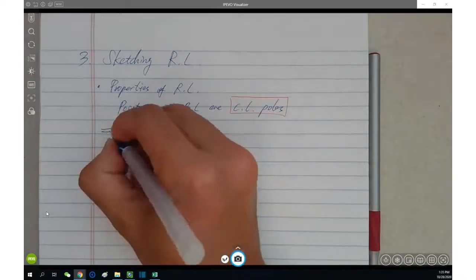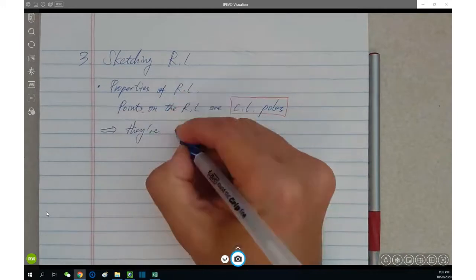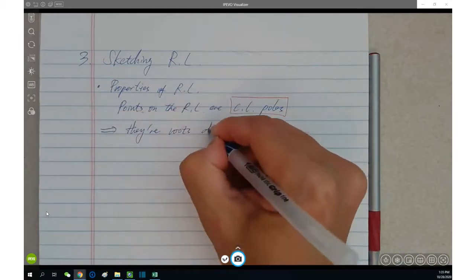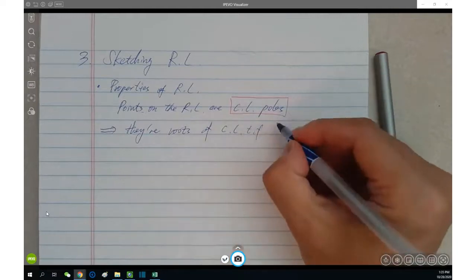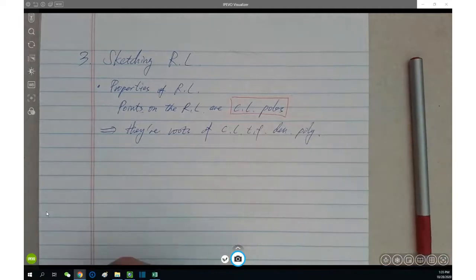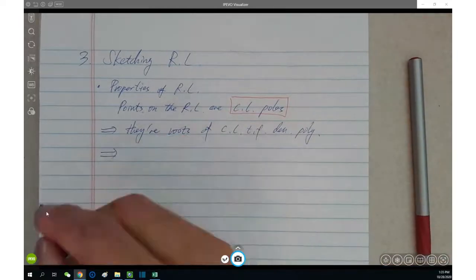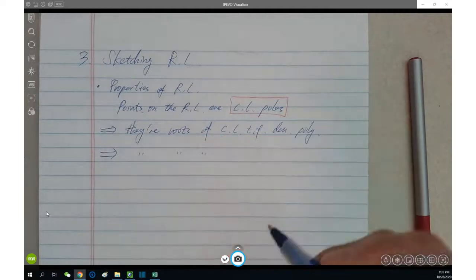And therefore, they are roots of the closed loop transfer function denominator polynomial. Very easy to understand. And therefore, they are roots of what?